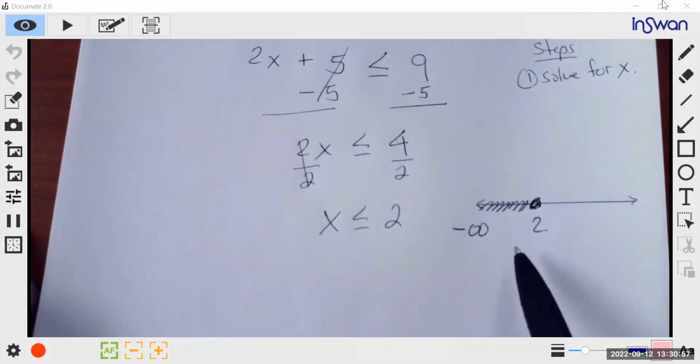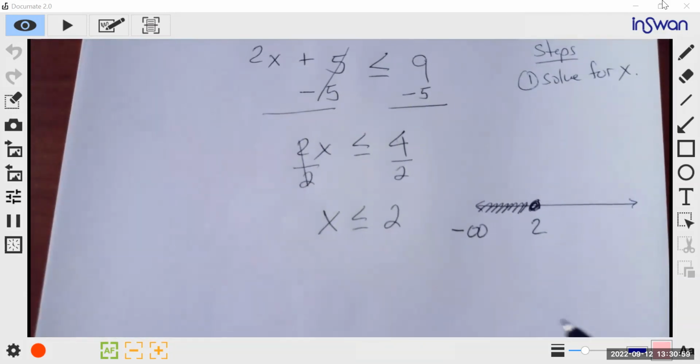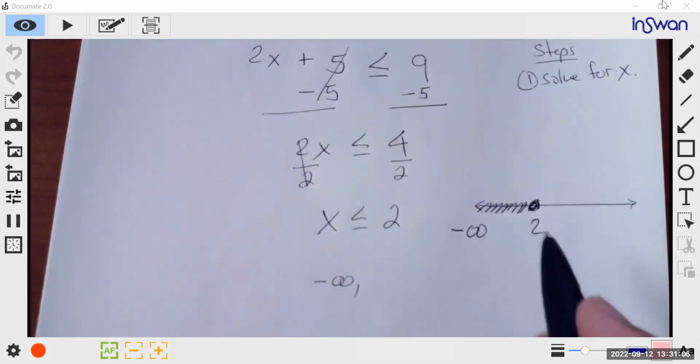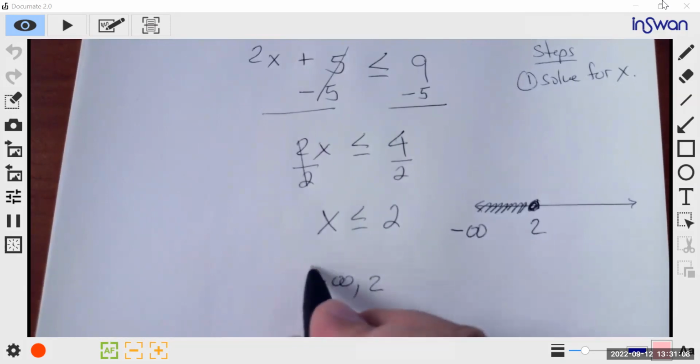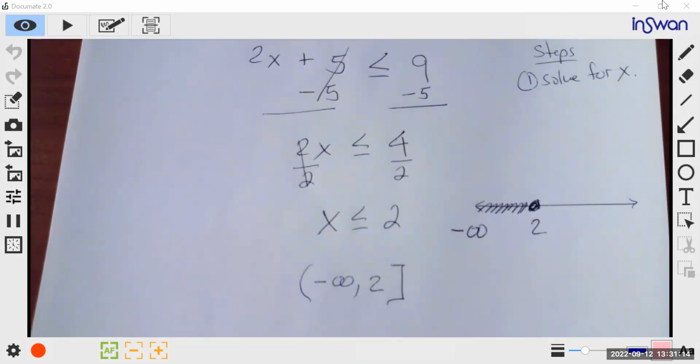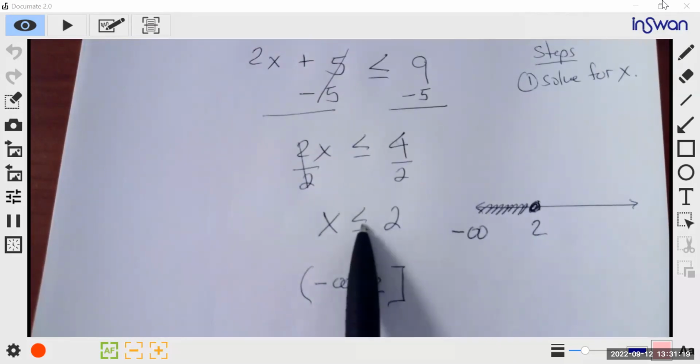Since you have the graph, the interval notation is pretty straightforward. Where does it begin? Where does it end? Begins at negative infinity, ends at 2. This is always parenthesis. How about 2? It's a bracket since it's closed. So those are your three answers: set notation, interval notation, and graphing.